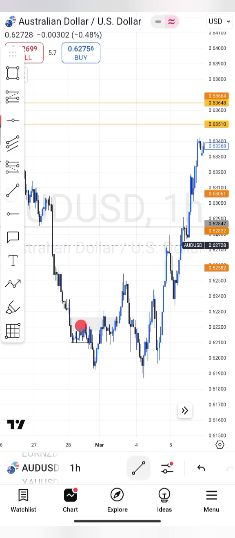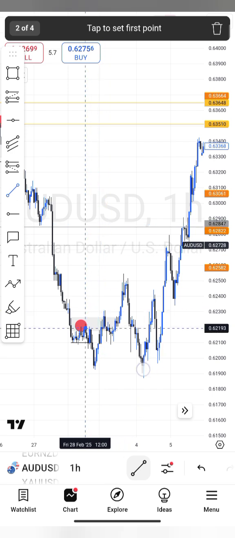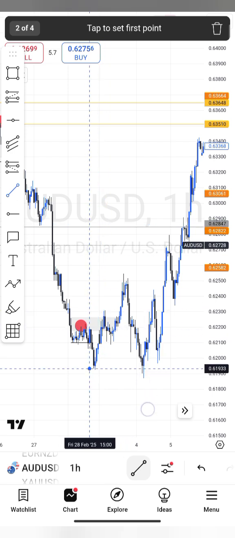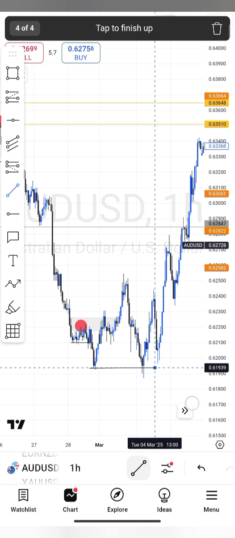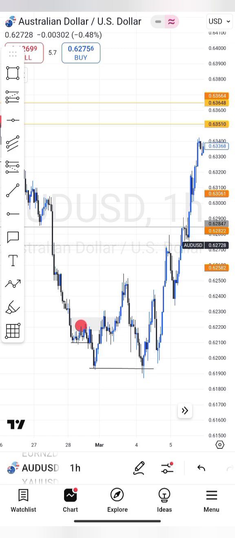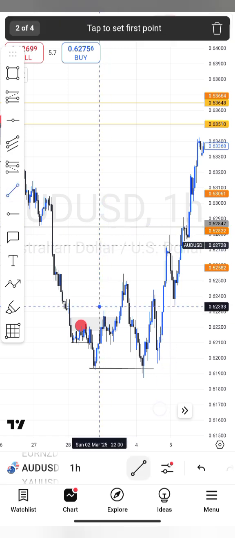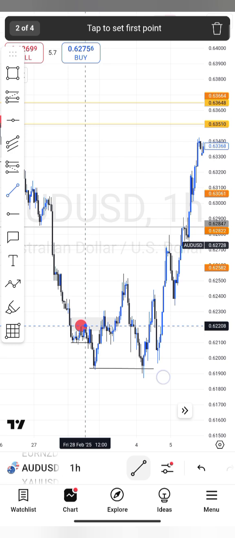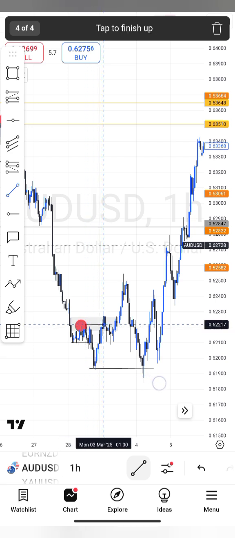But what now happens next is that when this one failed to break structure, we are still waiting for it to break structure because we believe that the downtrend will continue. We are not trying to tell the market what to do. We are looking at the market and observing how it's behaving. When it failed to break structure, we say, okay, this is meant to be protected, but it wasn't.